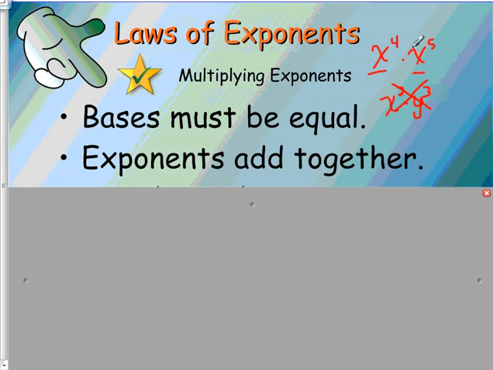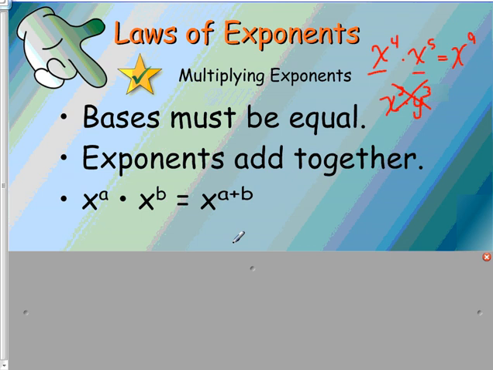So when you're solving them, you simply just add the exponents together. So for example, in this case up here, x to the fourth power times x to the fifth power, I'm just going to add my exponents, which is 4 and 5, and I'm going to get x to the ninth power. All right? Just like this.